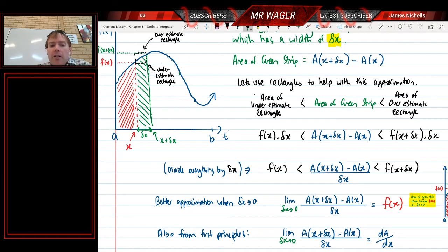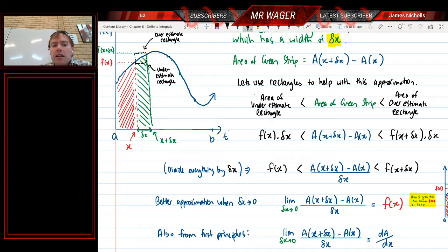So what we're going to get is a better approximation of the way this thing is changing if we limit this delta x, and we look at how this delta x gets closer and closer to 0.